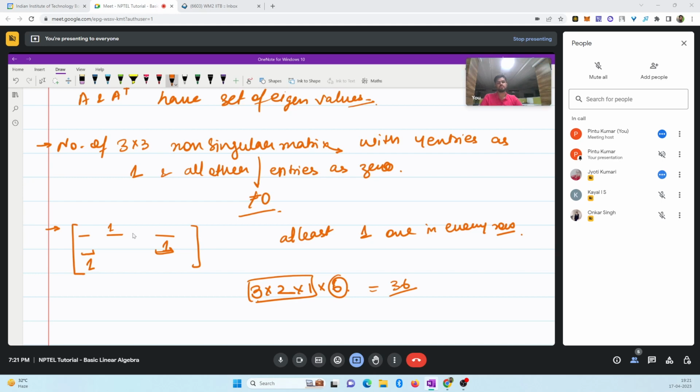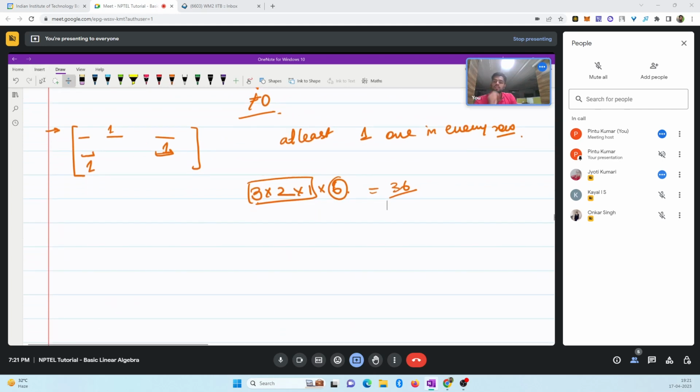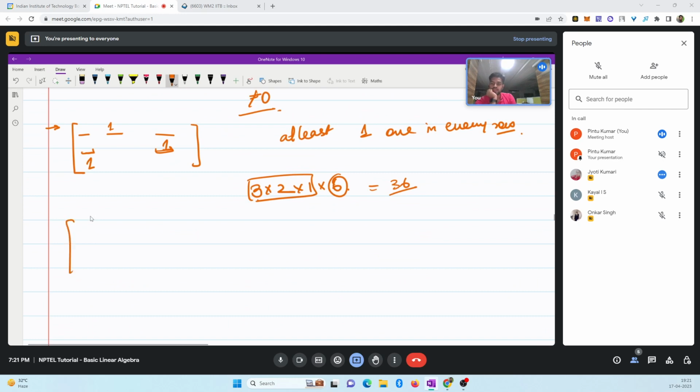Oh, yes. But if we have 4 ones, then I think you can make more than 7, right? So you have 1 0 0, 0 1 0, 0 1 1. This is invertible, right? Let's take this combination only. 0 0 1.